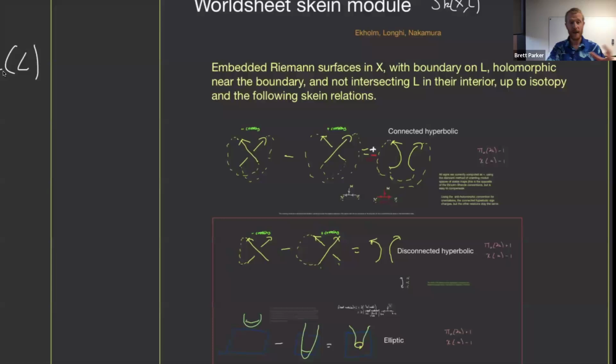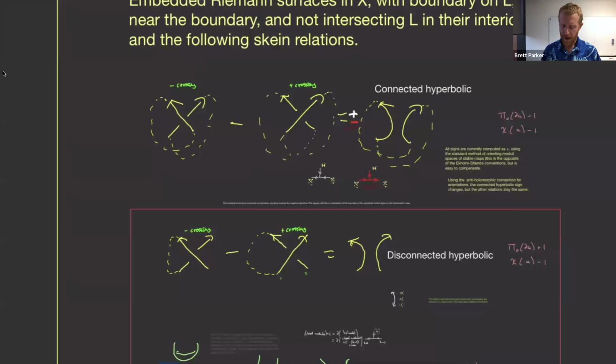You've got isotopies of those things, and one thing that could happen in an isotopy is that a negative crossing crosses over and changes to a positive crossing.